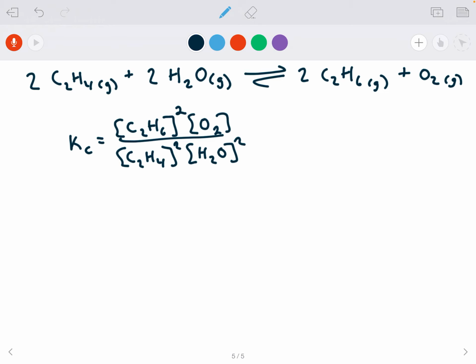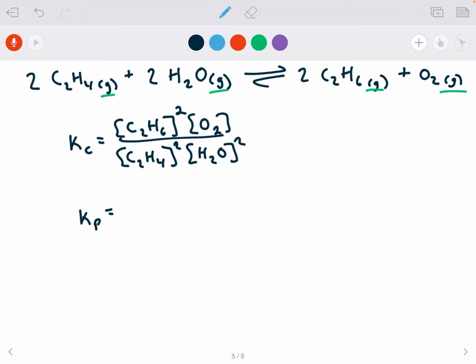Now notice, and this is important any time you're doing equilibrium, you always need to put what state the compound is in. If all of your reactants and products are in the gas state, you can instead relate them via their partial pressures. And that would be called Kp in terms of pressure, whereas Kc is concentration.